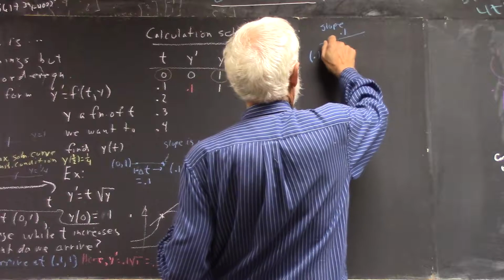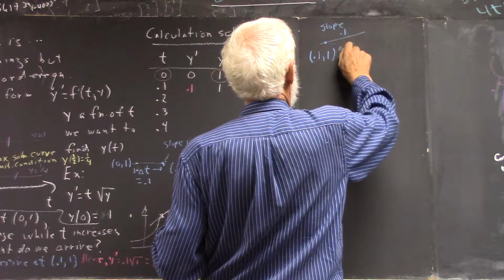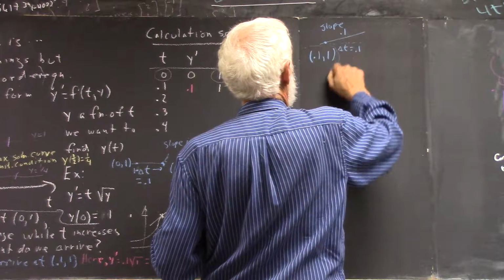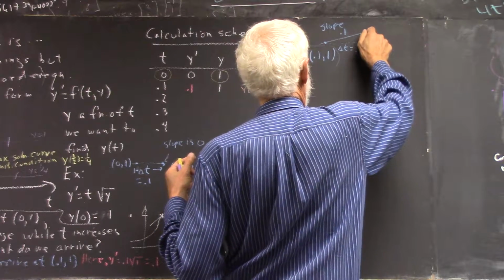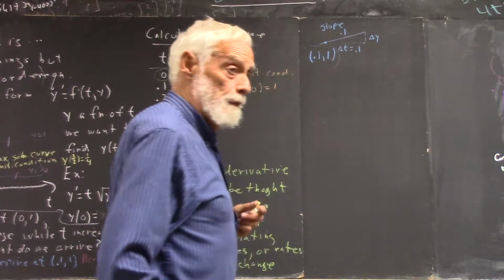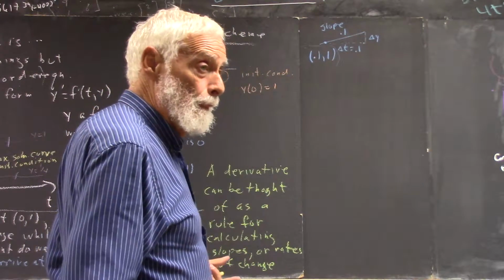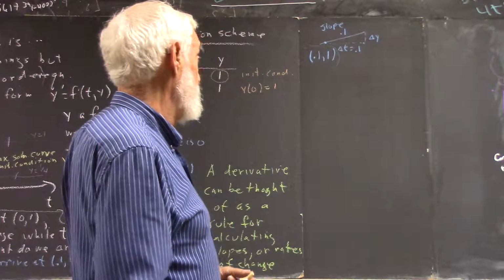So you're going to let t change by 0.1. Delta t is 0.1. And now you're going to have a delta y up here. y is going to change. So by how much does y change?